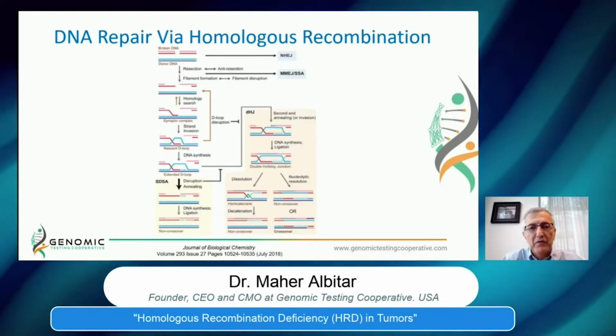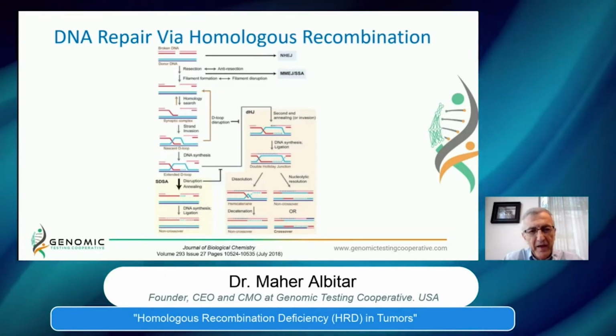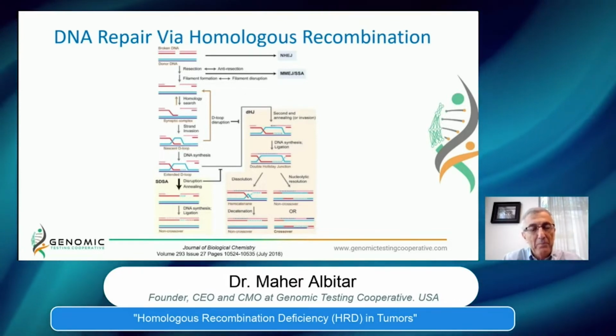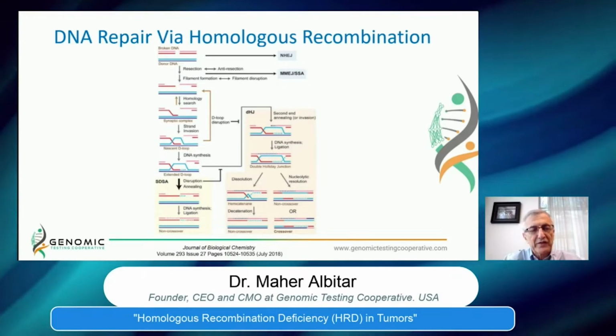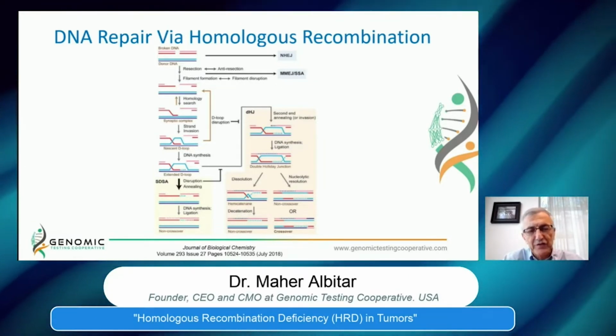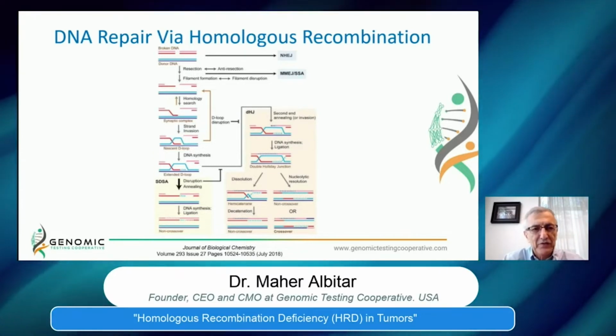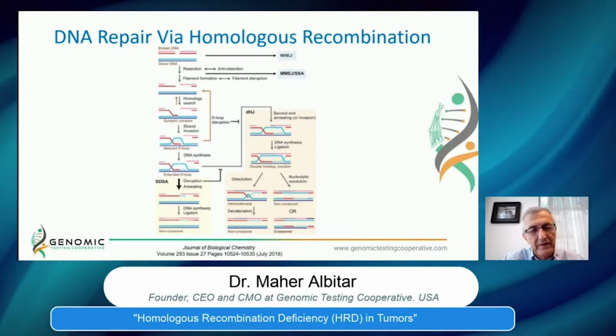PARP, in particular, is involved in single strand repair and plays a major role. At the same time, PARP is also involved in the double strand breaks. When we have double strand breaks, things are more complicated.